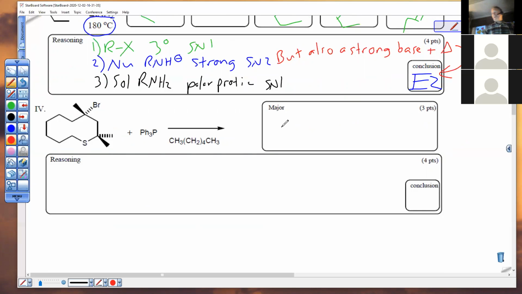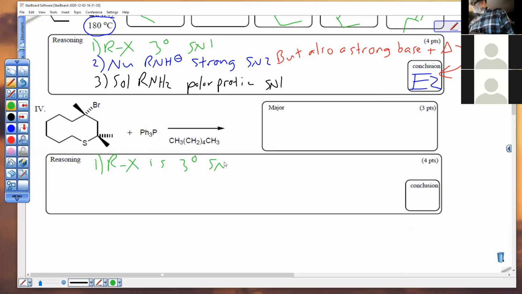And this next one is my favorite. It's an NGP. Do you want to know how I know? You got to wait for it. You don't have to wait very long. Rx is tertiary.